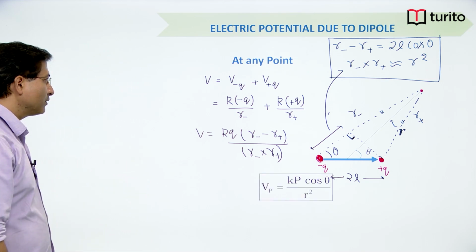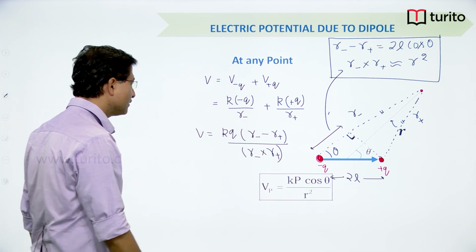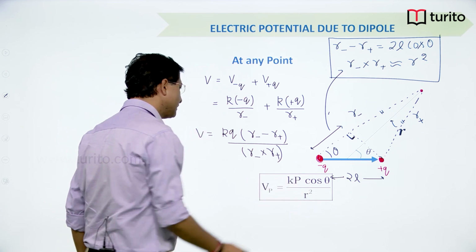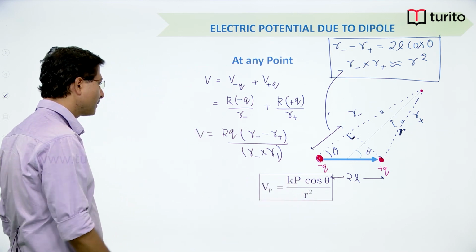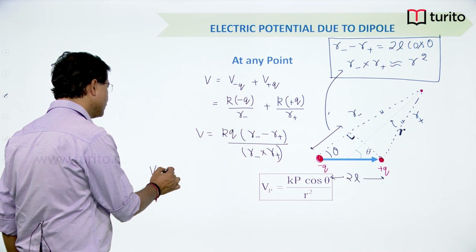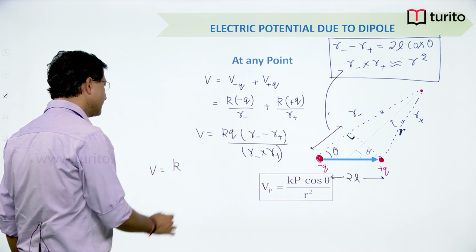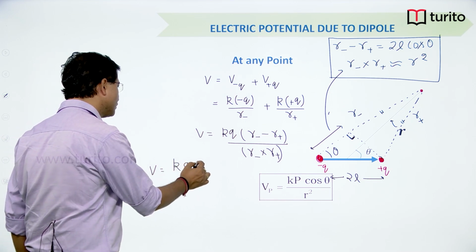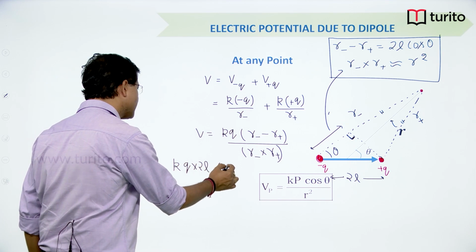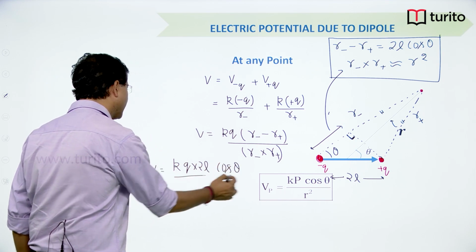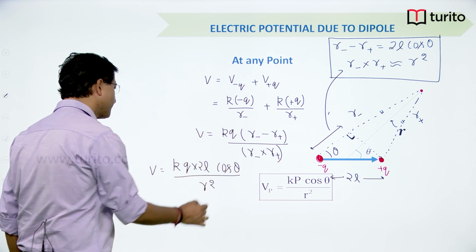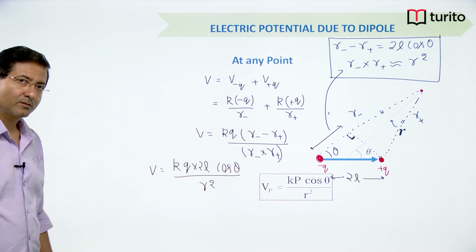So if you simplify, you will get Kp cos theta R square by V is equal to K Q into 2L cos theta divided by R square, right?